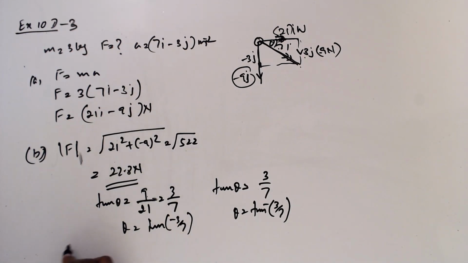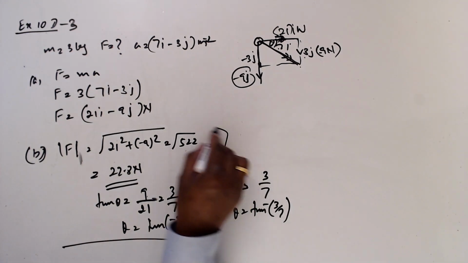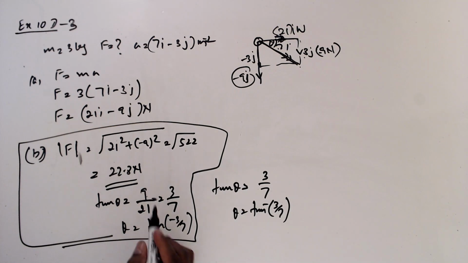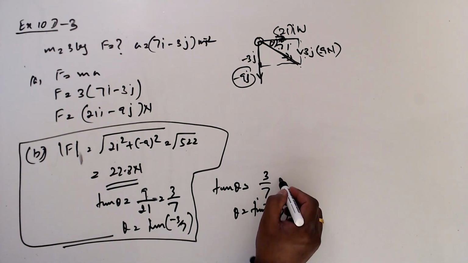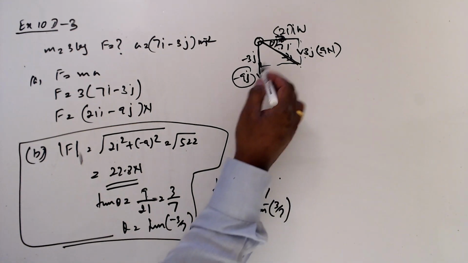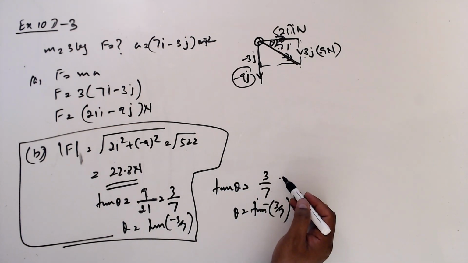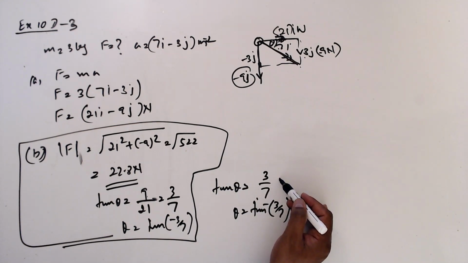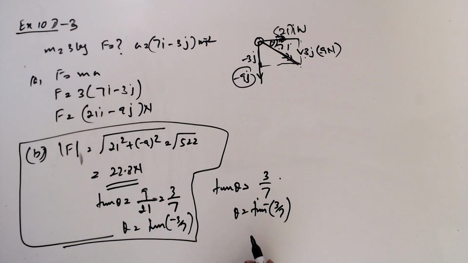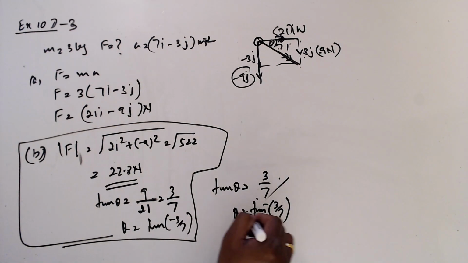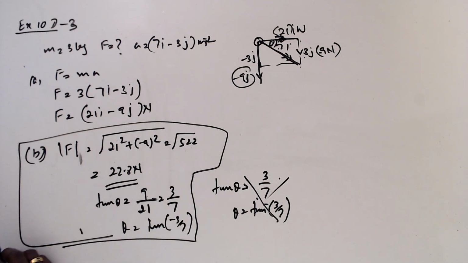But it is better to stay with the force, because if you work with 3 over 7, then you have to explain why you selected the acceleration, and that the direction of acceleration and the direction of the resultant force are the same. So because of that, just stay with this.